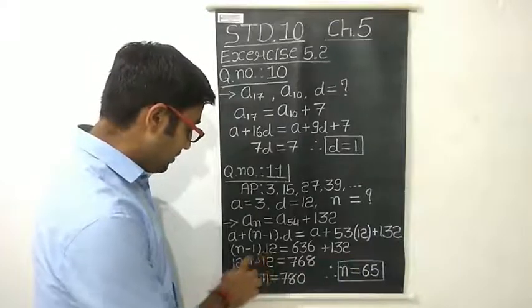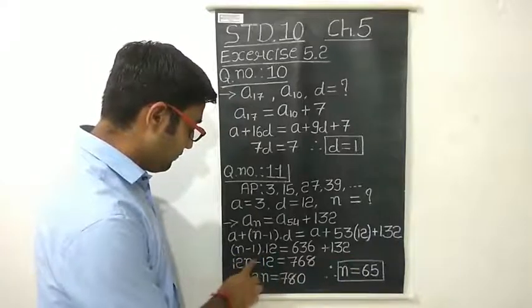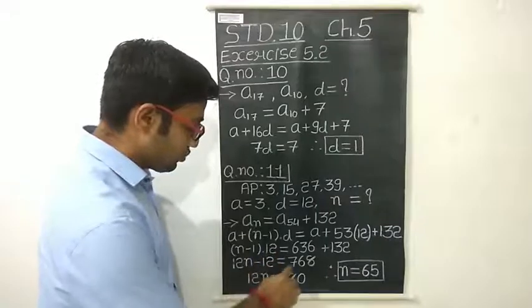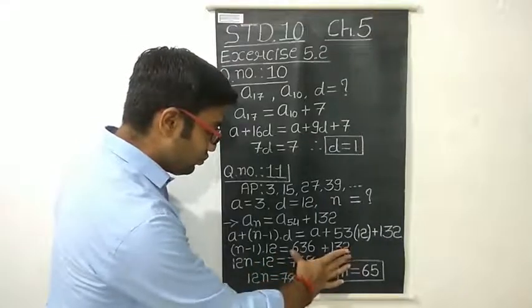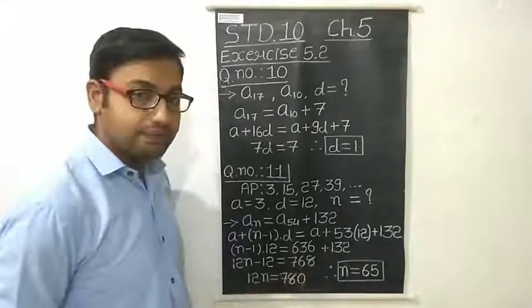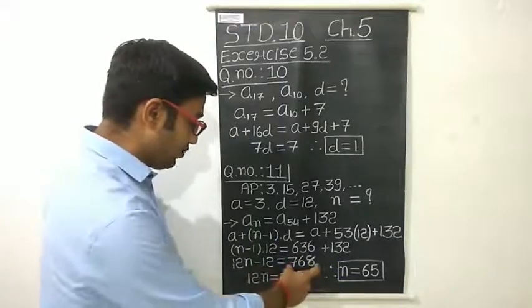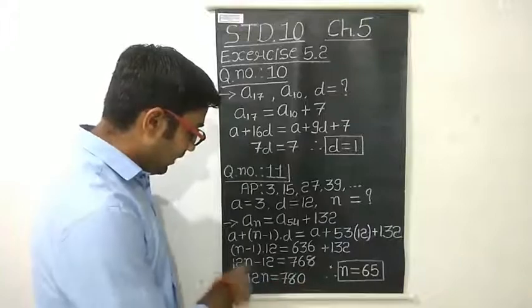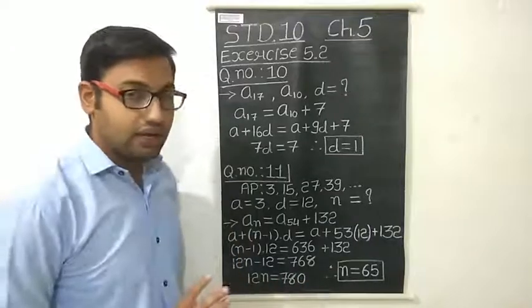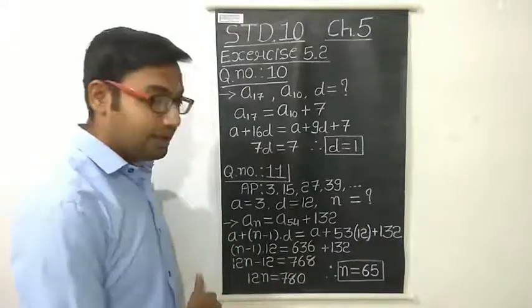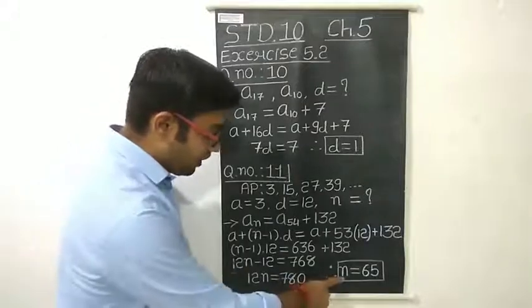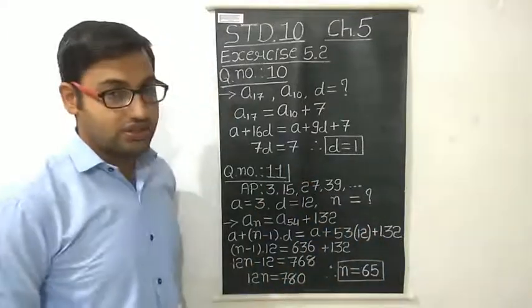By multiplying this 12 we will get 12n minus 12 equals, by adding these two, 768. Now take this 12 to the right hand side; again we have to add 12 to this, we will get 780, and on the left hand side only 12n will remain. Now dividing both sides by 12 we get the value of n equals 65.